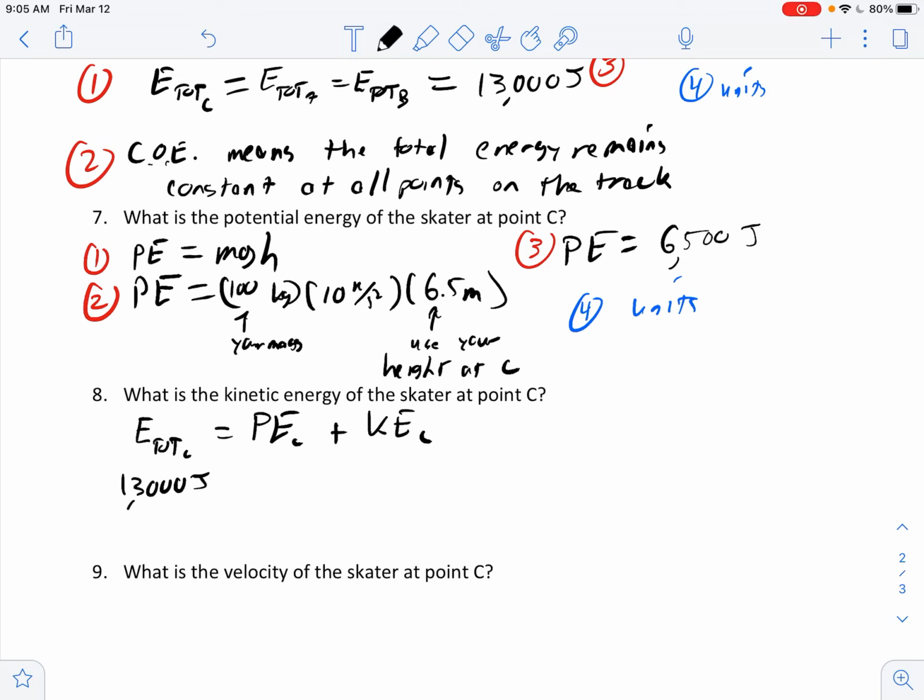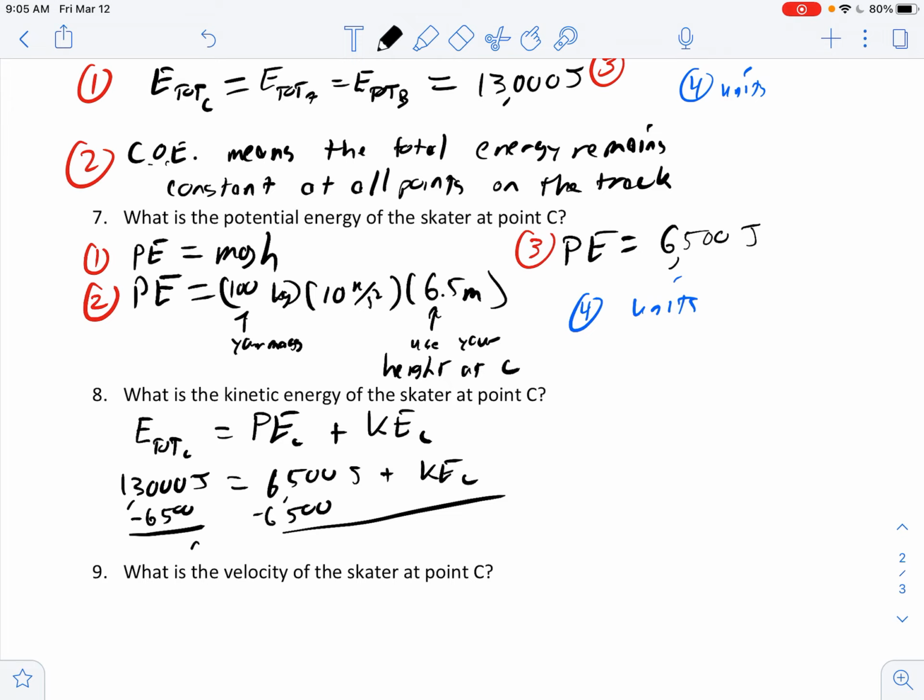So 13,000 joules is equal to the potential energy at point C, which we solved in question 7, which is 6,500 joules, plus the kinetic energy at C. So then I'm just going to take, and yes, I do in fact need to show my work here.